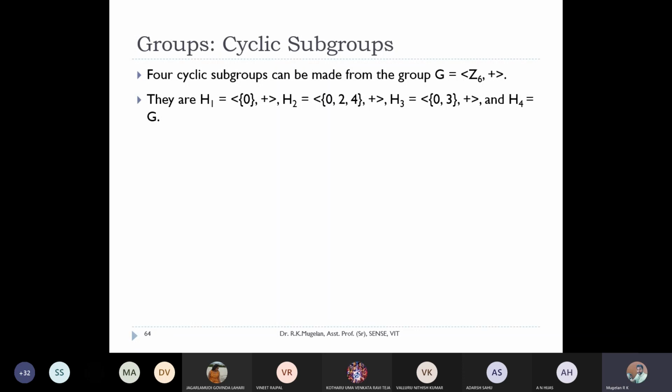For example, we have a group G which has Z6 with addition as the operation. So can you people tell me what the elements of Z6 are? You can post in the chat box.